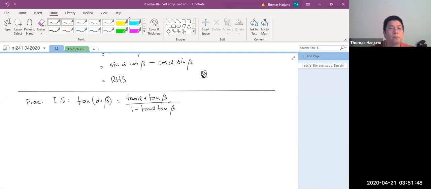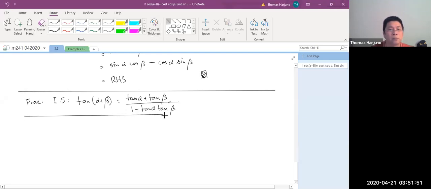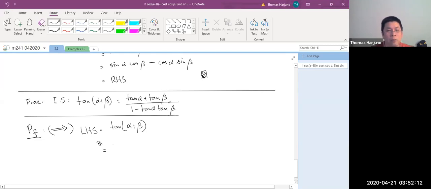Proof. From the left hand side, tangent alpha plus beta can be seen, using basic formula group number 1, as sine alpha plus beta over cosine alpha plus beta.